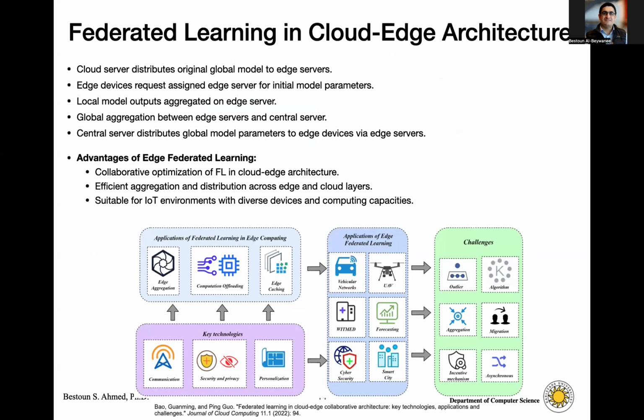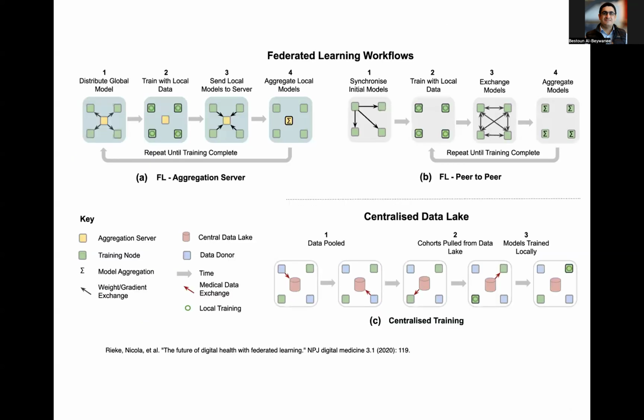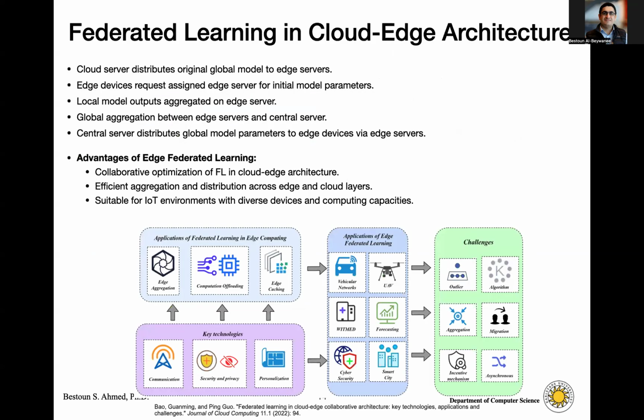So, federated learning in the cloud-edge aggregate architecture. The cloud-edge architecture is just like, let's say, the aggregation server, but here the cloud server distributes the original global model to the edge, and the edge device acquires the edge server. The edge device, like any device, acquires the edge server, and then initializes the model parameters.